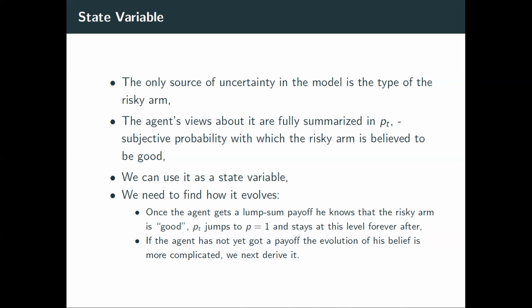Alternatively, if you do not receive a lump sum payoff yet, then you become more pessimistic at the same time, right? Because for the bad arm, it's certain that you have no arrivals, but for the good arm, sometimes you have arrivals, and therefore you become marginally more depressed by the fact that you don't have an arrival.